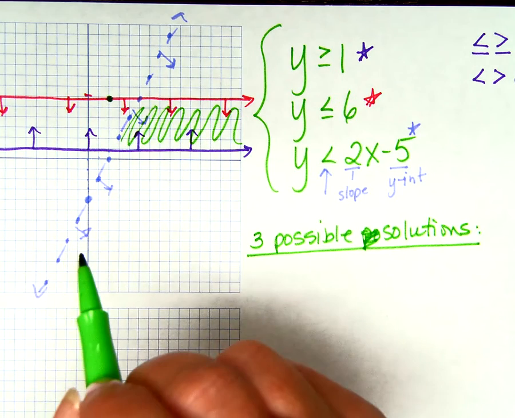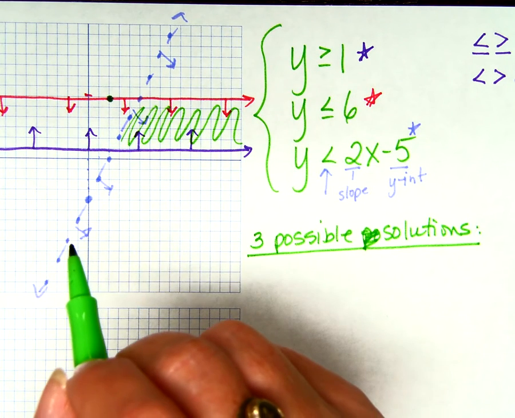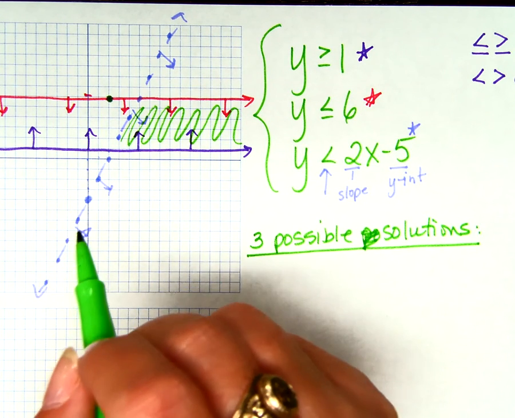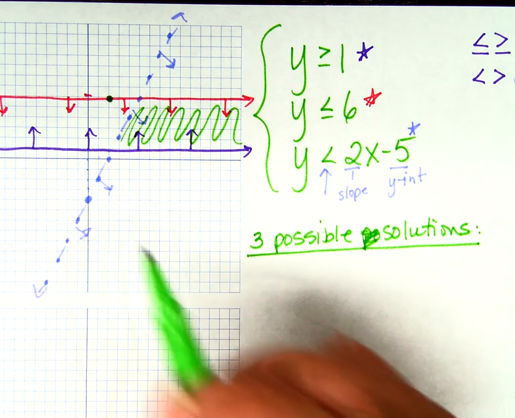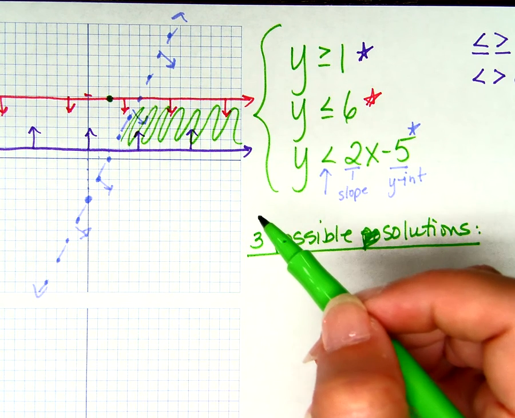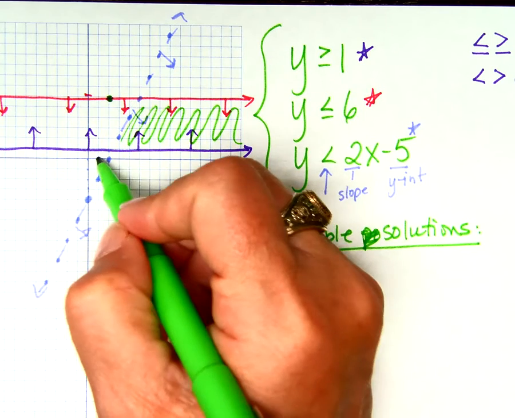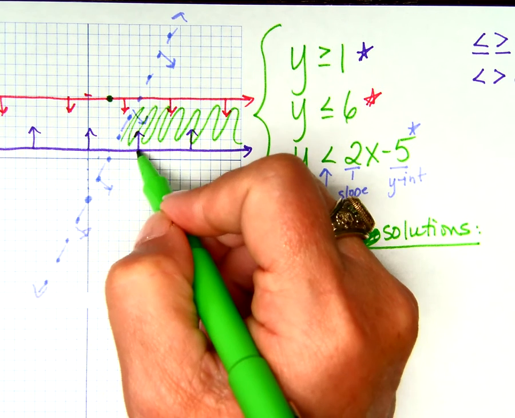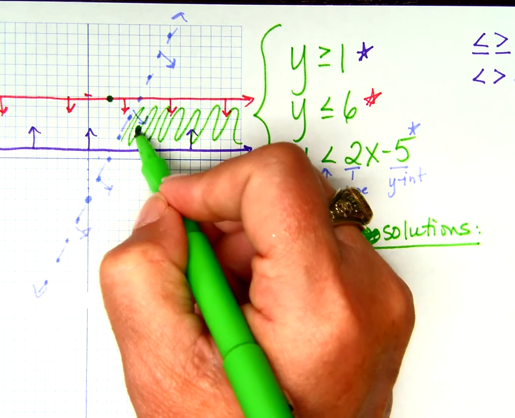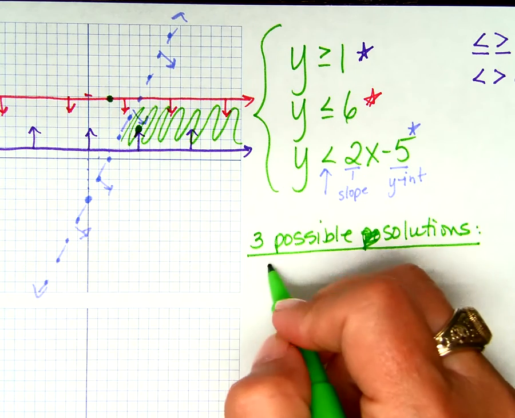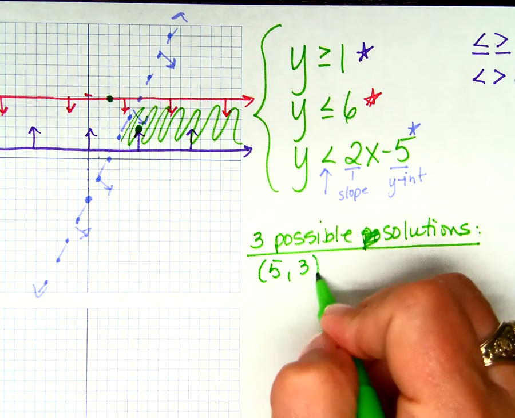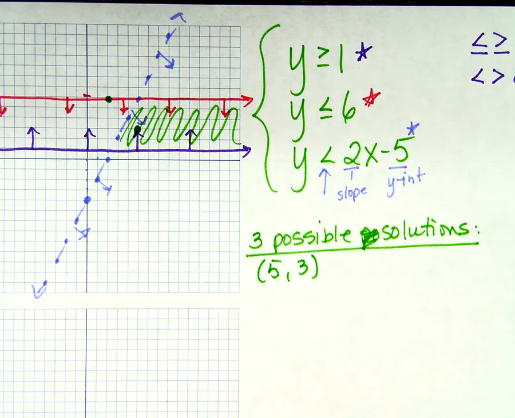How do I know it's not a possible solution? It's not in the shaded area, right? 5, 3. 1, 2, 3, 4, 5. 1, 2, 3. Is that in the shaded area? Then 5, 3 is a possible solution.